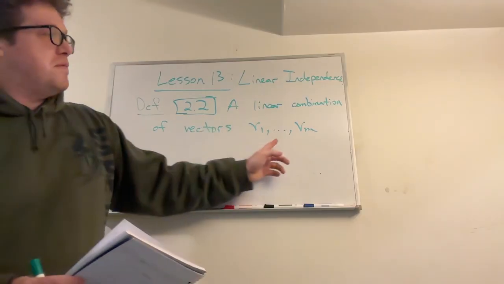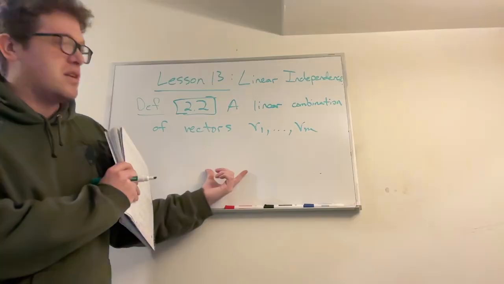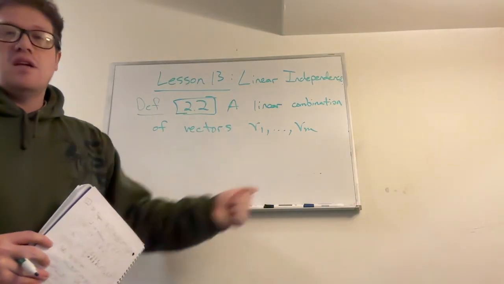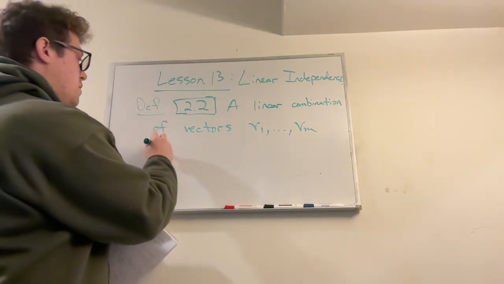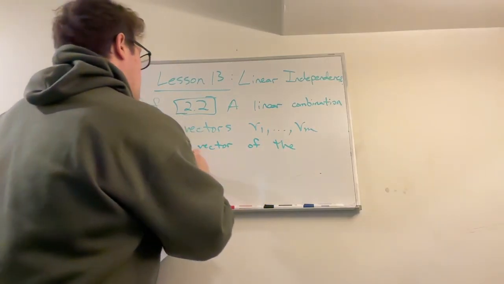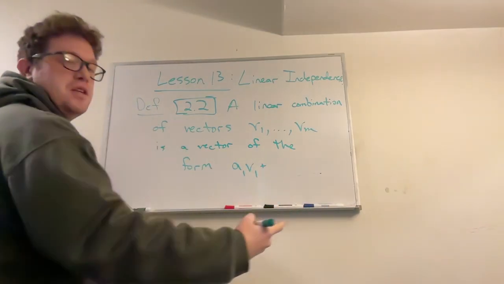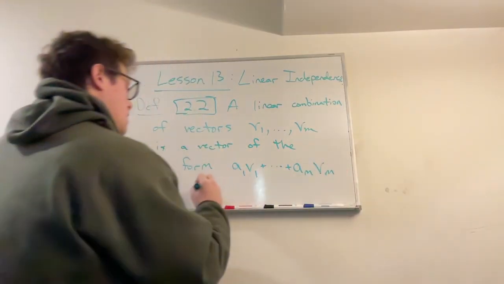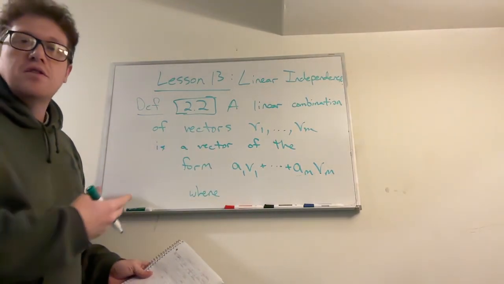So a linear combination of this finite list of vectors is some vector of the form a1 times v1, where we take a scalar a1 times v1, and then add that to some scalar multiple of the next vector, etc. So a linear combination is a vector of the form a1 v1 plus a2 v2 plus up to am vm, where these a's are just some scalar value, something from the field.